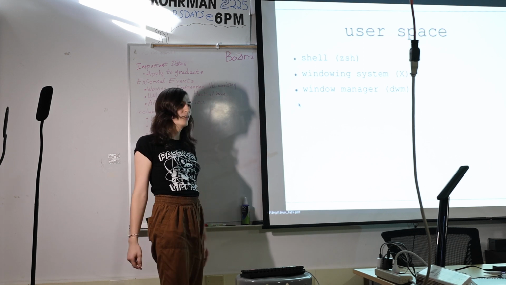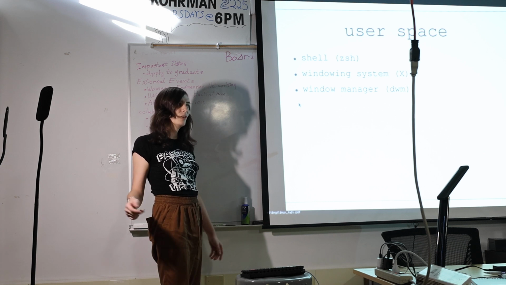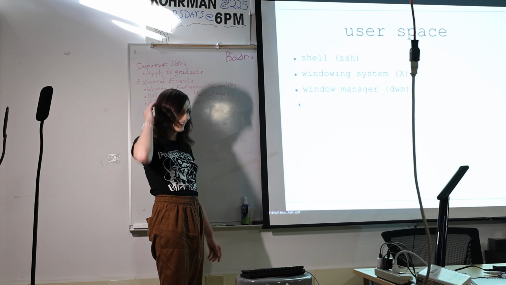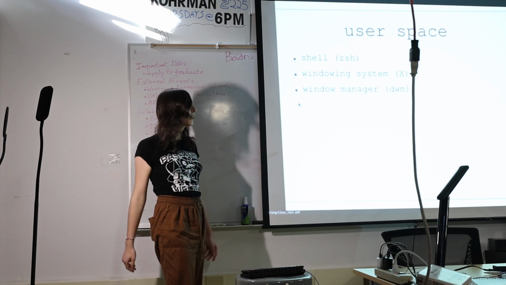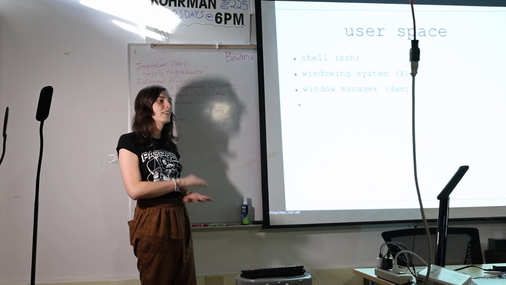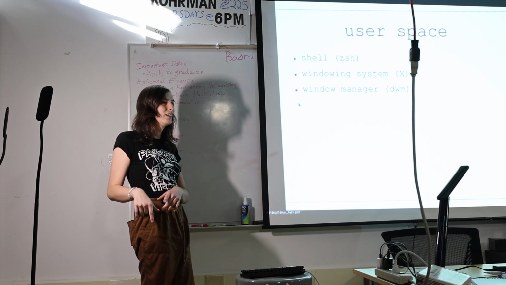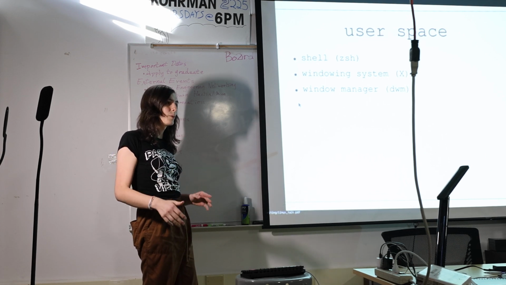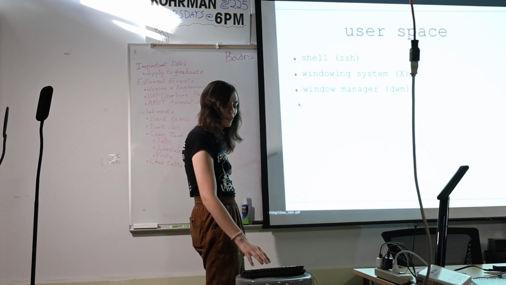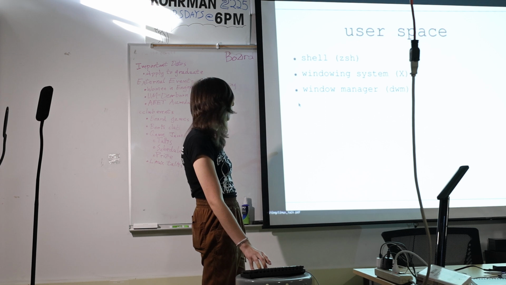Then the windowing system is, of course, optional. Probably you're going to want graphics unless you're a turbo nerd and use Emacs. The window manager works tied with the windowing system. They're two separate programs, but we'll get into the intricacies there. Just remember that they are two different programs.